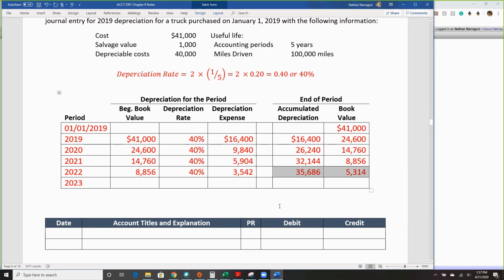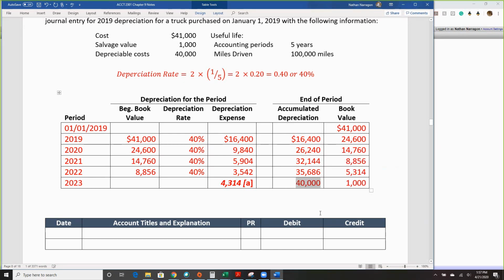something strange happens. This is what happens. Our depreciation expense is basically going to be the difference between wherever the book value is and the salvage value. Because again, at year 5, it is over. That's the end of its useful life.